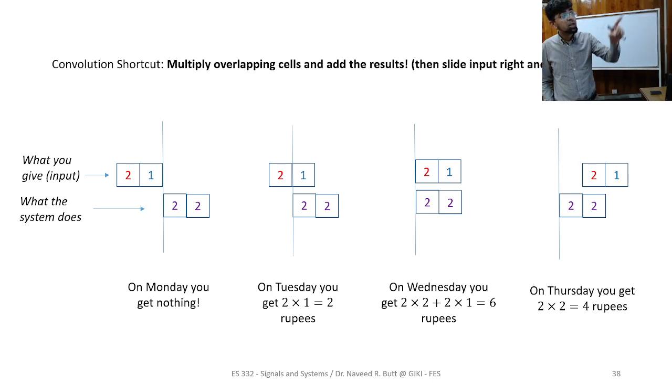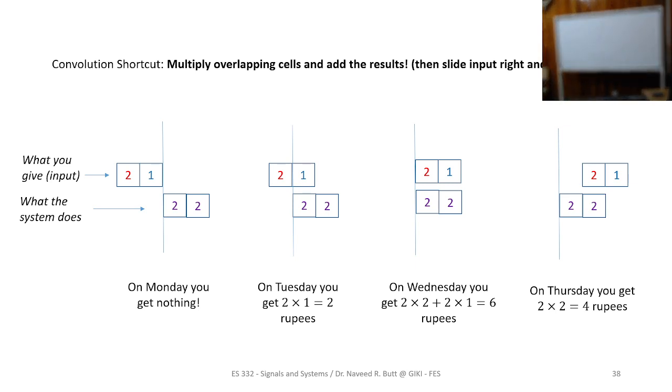Next day, Wednesday, the new input goes in, but the previous input isn't through yet; its output is still there. So you overlap 2 times 1 plus 2 times 2. That is, you are actually doing convolution now. We will write the formula later, but now you are doing convolution.